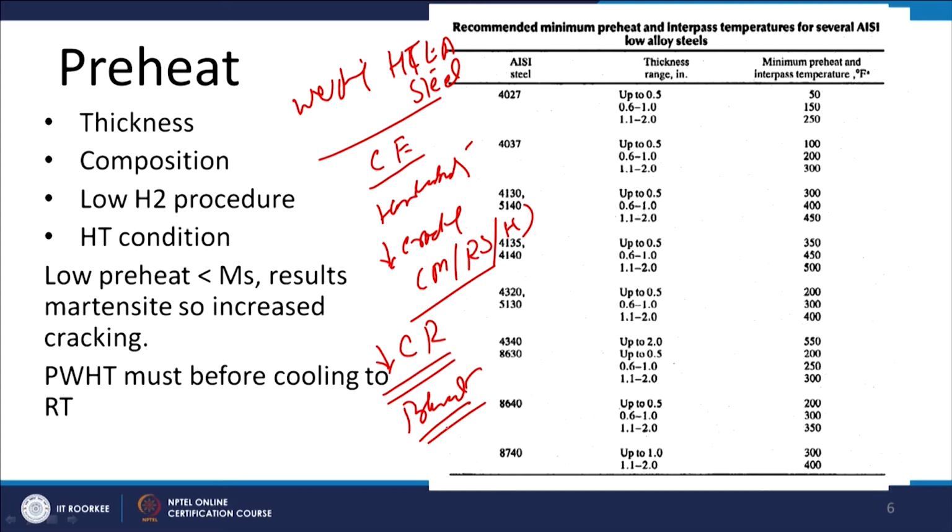Normally the higher preheat is preferred, but too high a preheat leads to the oxidation as well as it makes the welding of the plates difficult at a higher temperature.